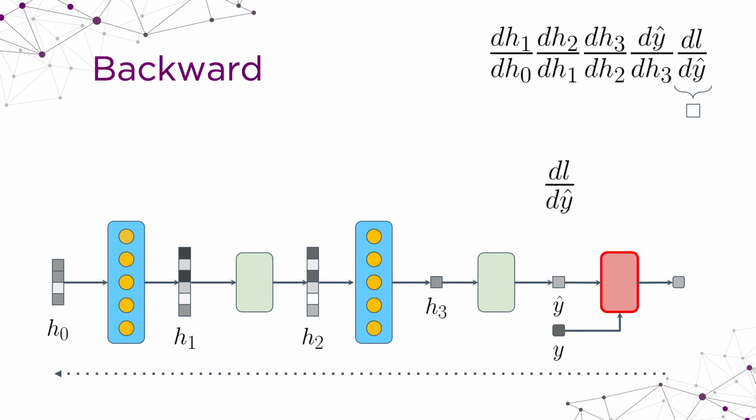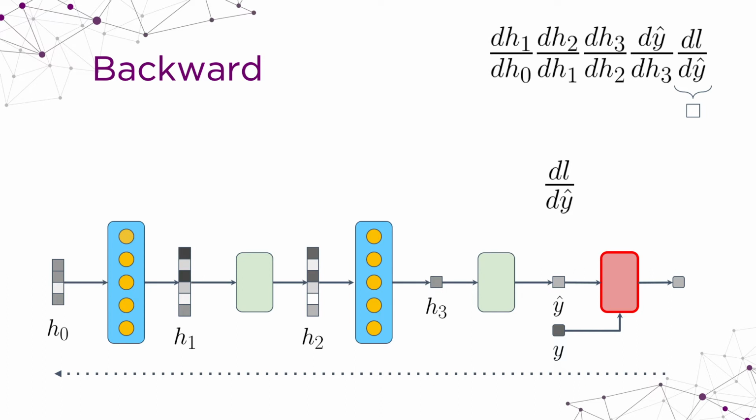A way to verify that this expression makes sense: here I want to compute the derivative of the loss with respect to the input. We'll see that it can be useful in certain applications, but it's only for this exercise. And the chain rule, the way to verify it is if you consider these symbols as fractions, you can cancel out the numerator and the denominator of this expression.